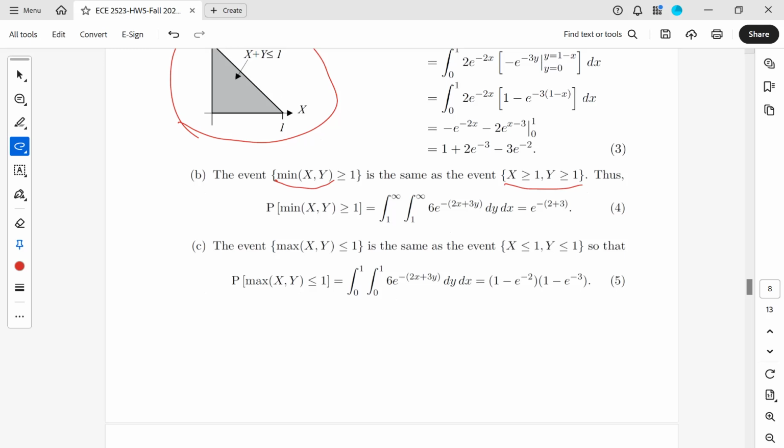Is that clear? When it says the minimum of x and y should be bigger than or equal to 1, basically that means both of them are higher, because if x is the minimum, definitely y is bigger than x, so it is going to be higher than 1.